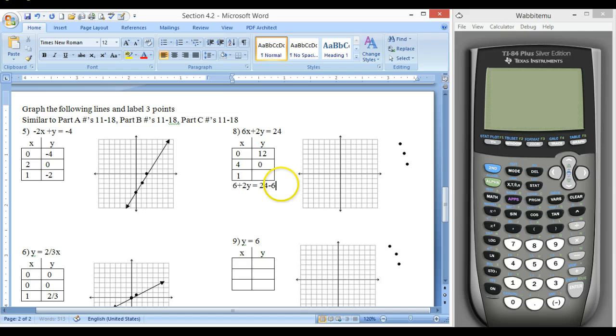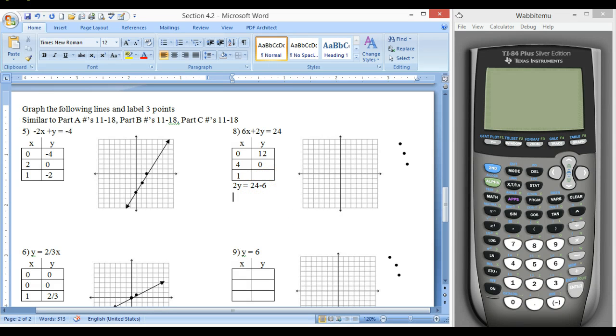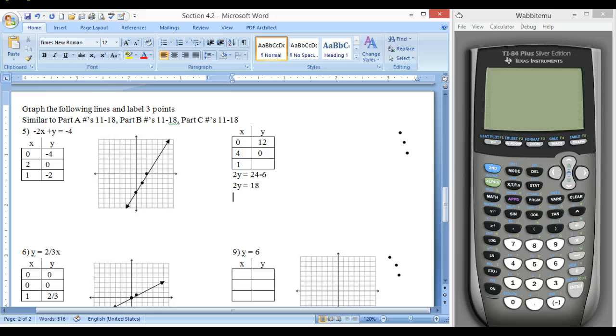On your own, I would continue to show each step. I'm just doing it all on one line just for the sake of formatting. Okay, 24 minus 6, 2y equals 18. Divide both sides by 2, and y equals 9.